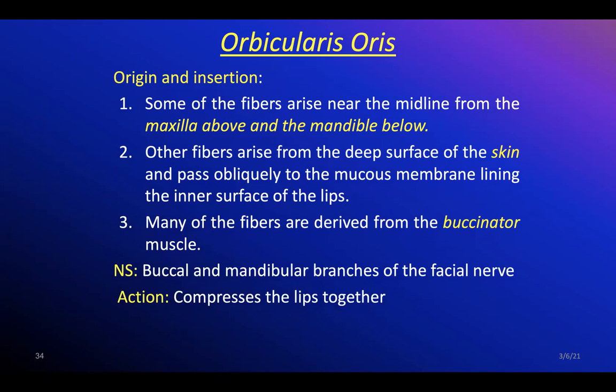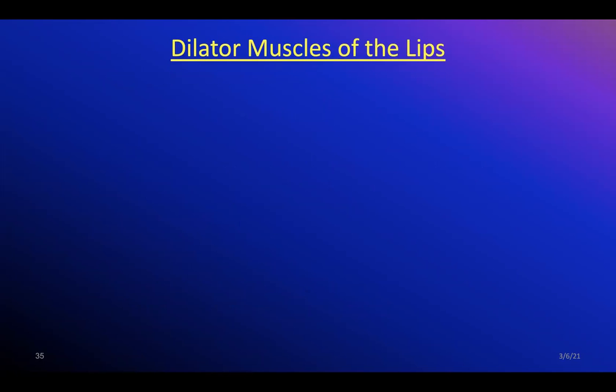The nerve supply: we have the buccal and mandibular branches of the facial nerve. The action compresses the lips together. Sphincter, one can conclude this from the name.